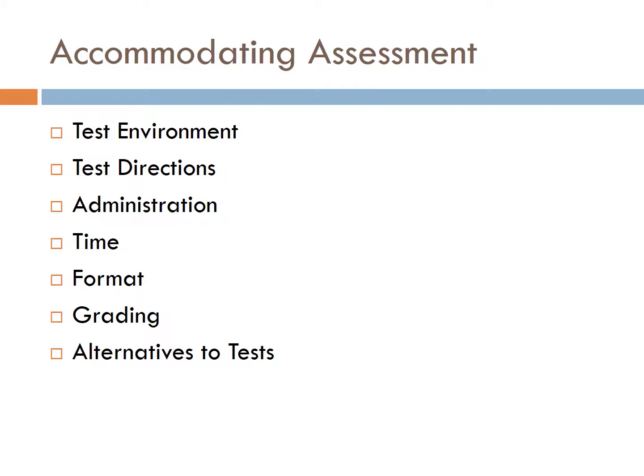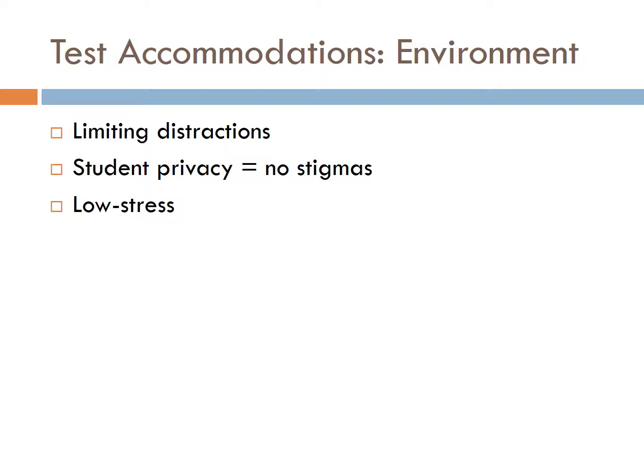We're going to talk about a number of accommodations that students may have written into their IEPs and the things you can do to accommodate assessment. The first is the environment. So it's important to limit distractions in your classroom.